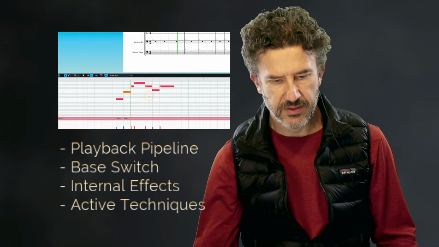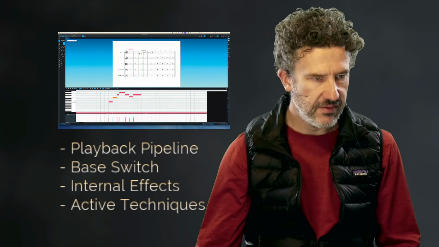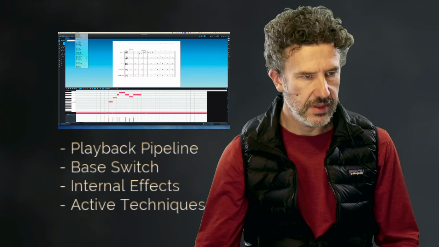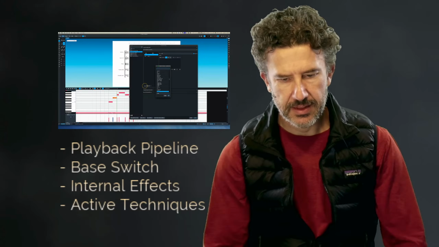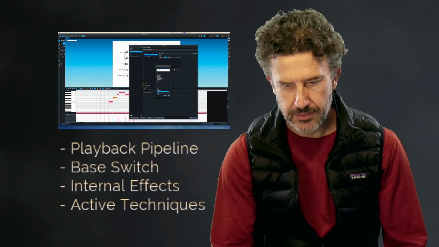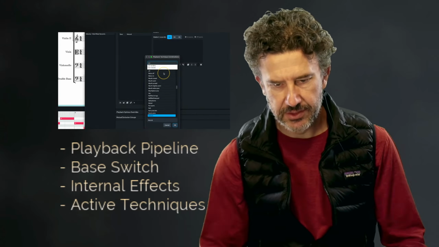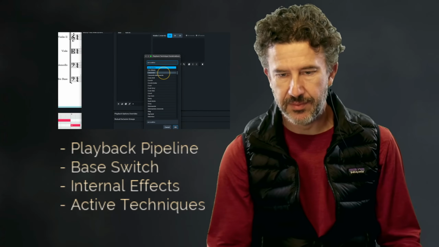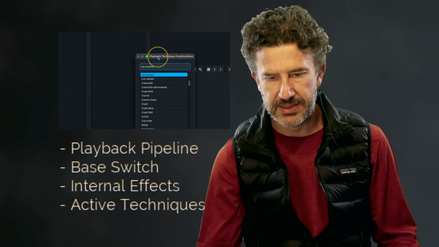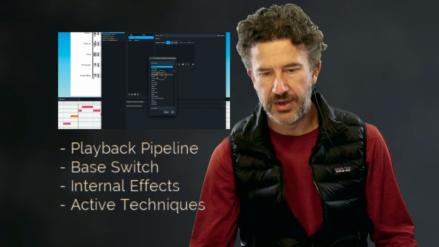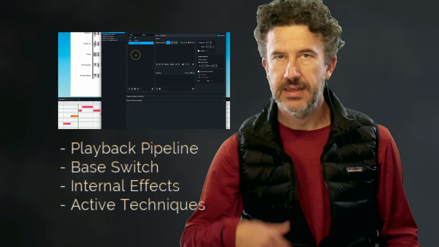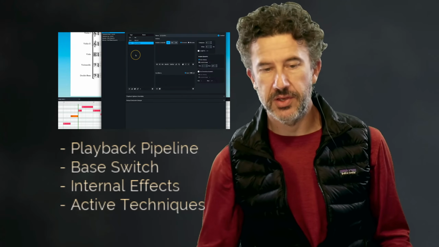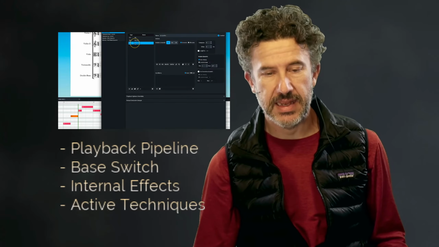It doesn't really matter for this example. Now we have a playback technique. I can go into my expression map and I can add consordino right there. Now it shows up because this is a list of playback techniques. As you can see, playback techniques, not playing techniques. It doesn't matter if it's a playing technique. It only matters that playing techniques are what you can put in your score, but your expression map can recognize any playback technique.